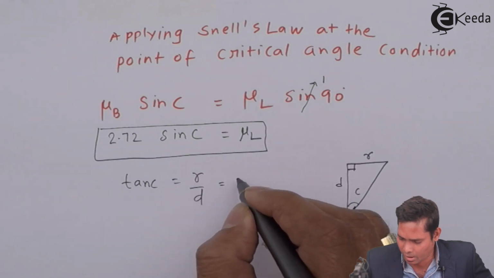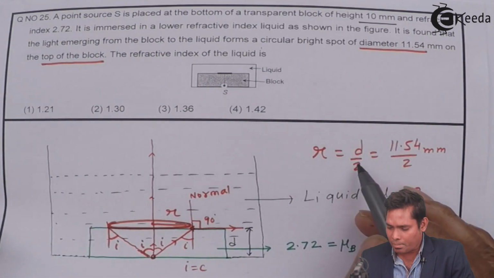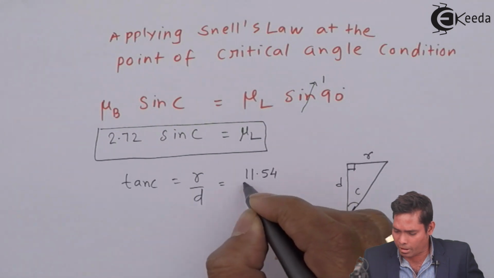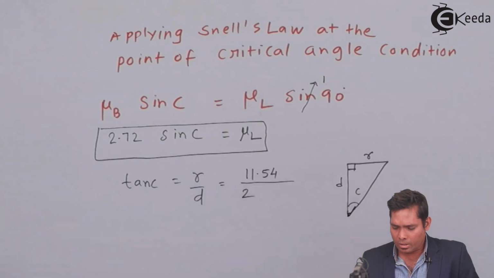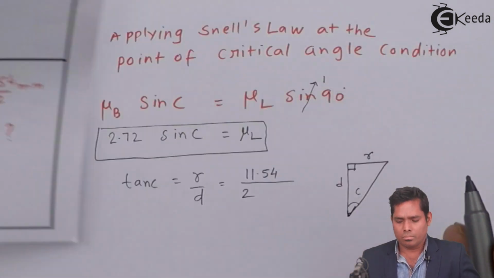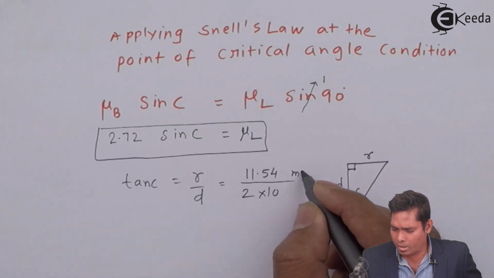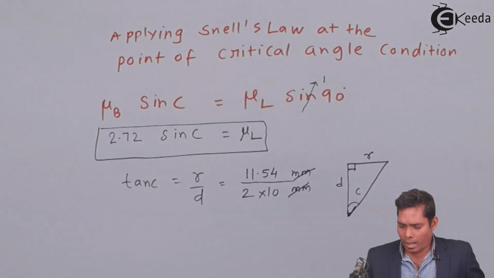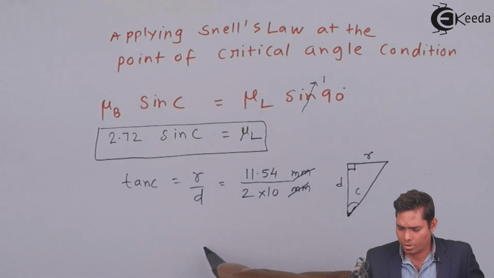Radius is half of the diameter. So this is 11.54 divided by 2 mm, and D, the height, is 10 mm. The mm will cancel out, and whatever the value of this is, that is tan of C.